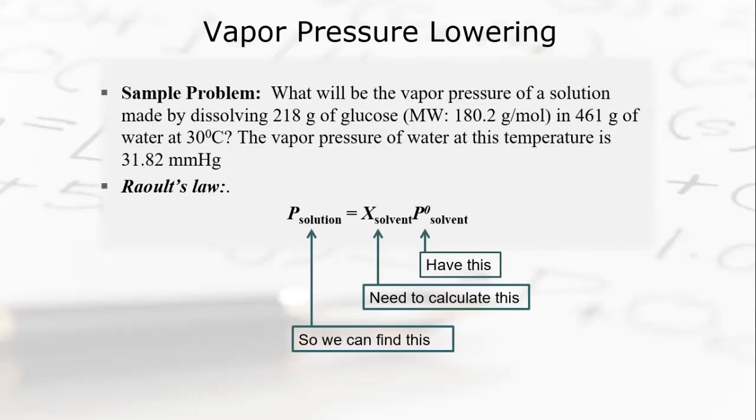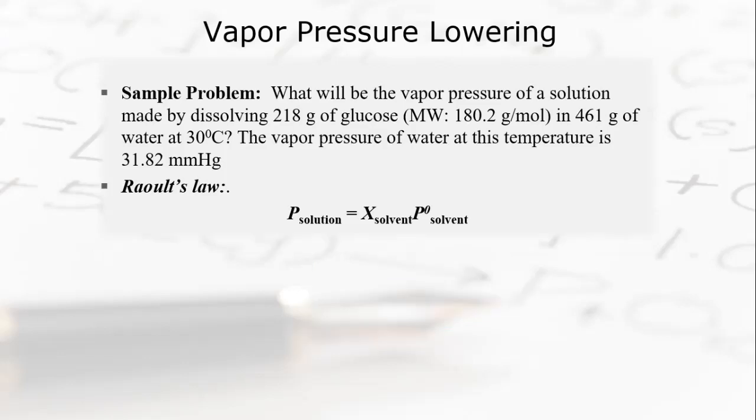So with that in mind, let's go ahead and put in the numbers here. Start out by figuring out the mole fraction of water. Well, to do that, I need to find out how many moles of solvent and how many moles of solute I have here. So let's start out with the water. They told us that I have 461 grams of water. And by now, guys, you probably have memorized the molar mass of water, right?